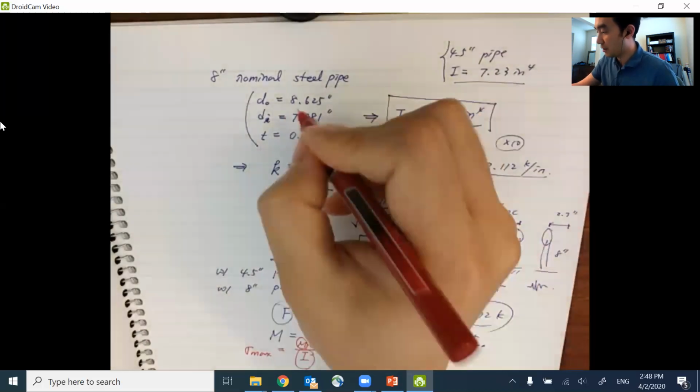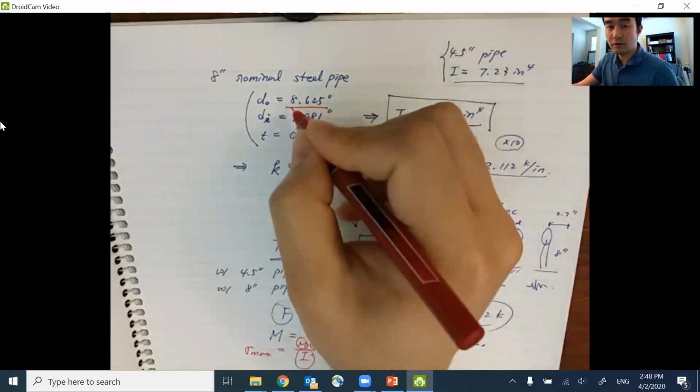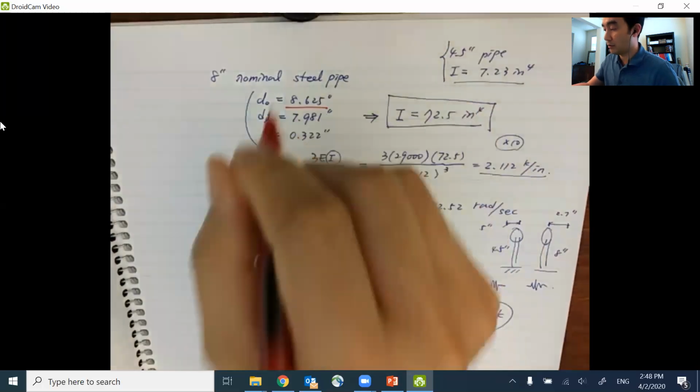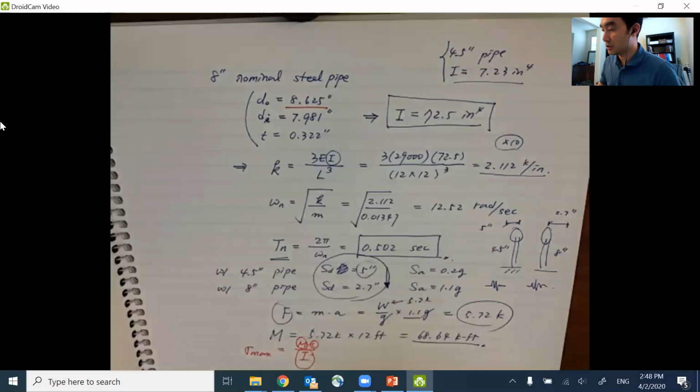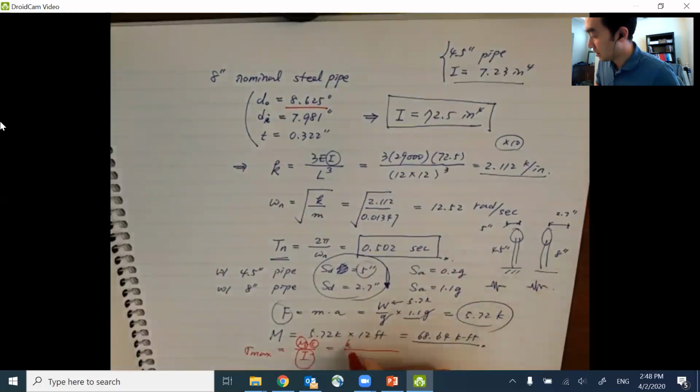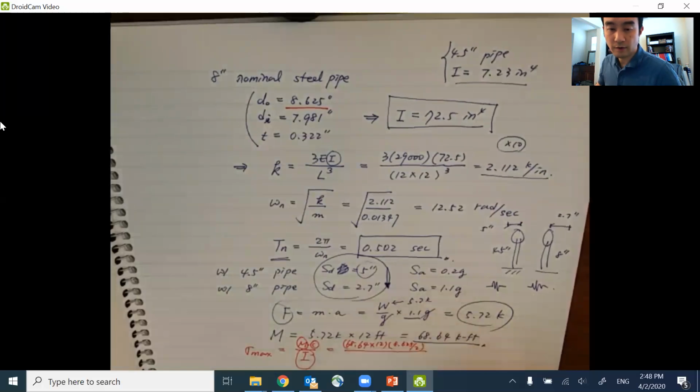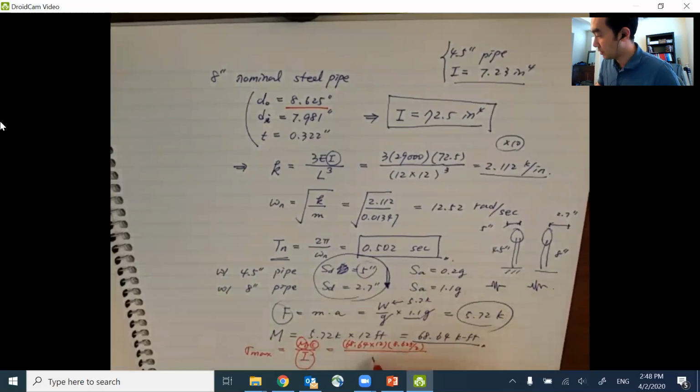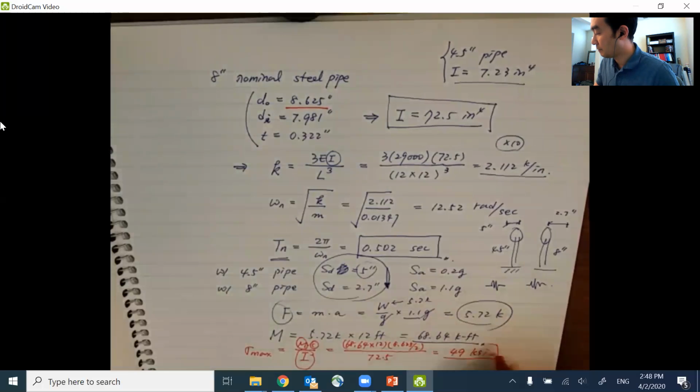The C value is now the outer diameter divided by 2, so it's around 4.3 inches. When you plug in those numbers, 68.64, I'm going to convert everything into kips and inches, multiply by 12, and then 8.625 over 2, divided by the moment of inertia at 72.5, I got 49 ksi.